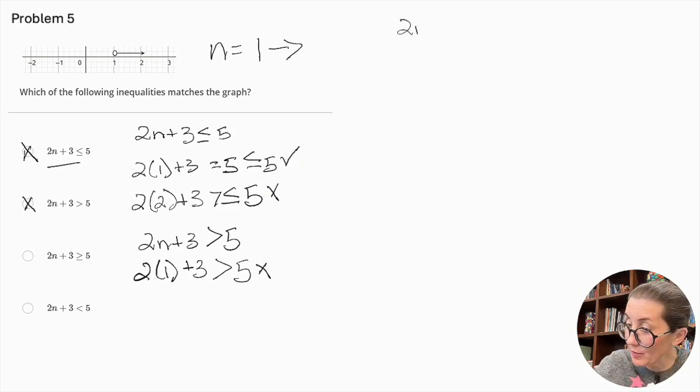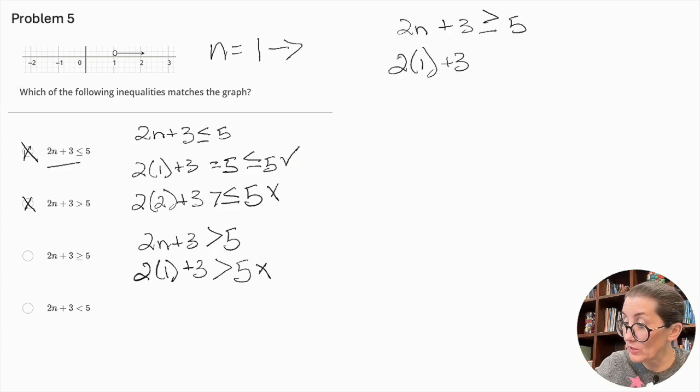We're on to 2n plus 3 is greater than or equal to 5. Let's use 1 again. 2 times 1 plus 3, which is 5, is greater than or equal to 5, and that works. Let's try it with another number.